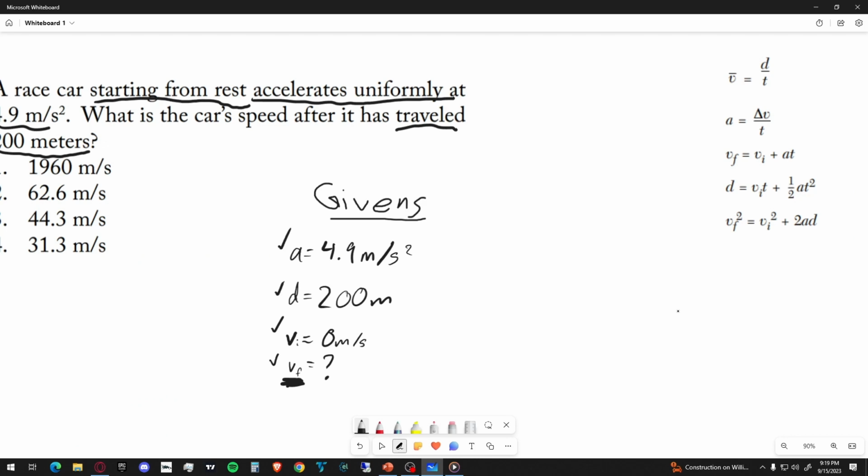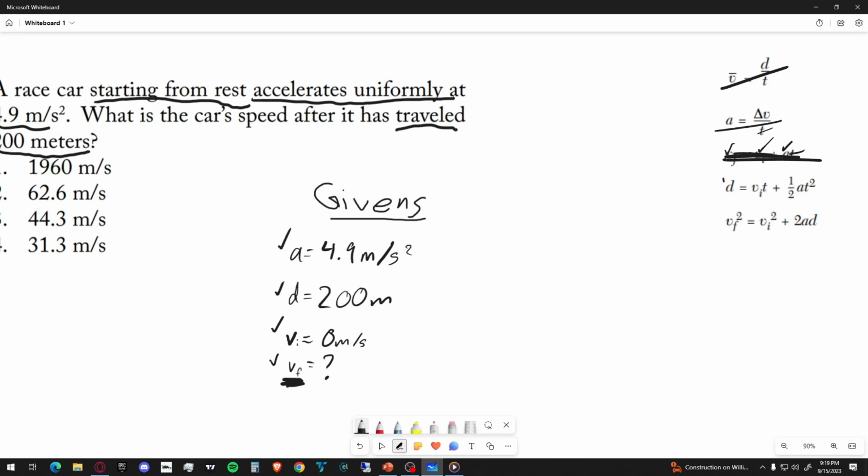So, are there any equations here that have acceleration, displacement, initial velocity, and final velocity? Well, we're not working with that first equation. The second equation has acceleration and velocity, but we don't know time. Here we have final velocity, initial velocity, acceleration, but time we don't care about.